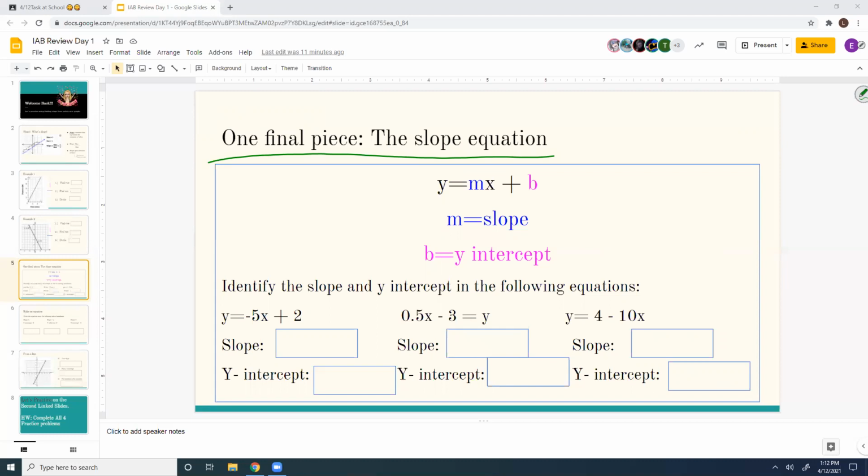Our constant rate of change. Very good. And we write it as a fraction of what over what? Bridget? Rise over run.